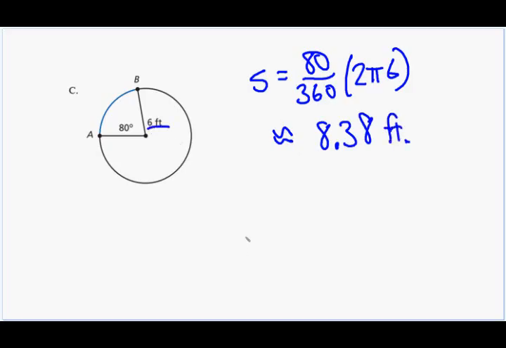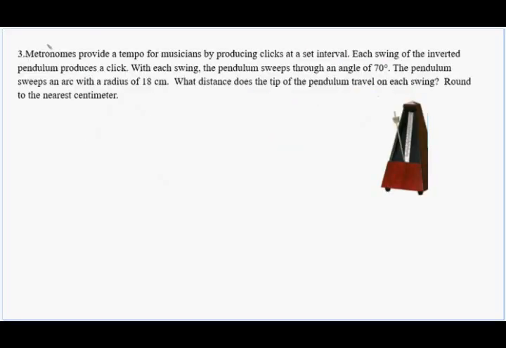There we go. Okay, now number 3, we have a metronome. Provide tempo for musicians by producing clicks at a set interval. Each swing of the inverted pendulum produces a click. Each swing, it goes out a 70-degree arc. So we're not looking at a full circle here, but we've got our slice, and we know our central angle is 70 degrees. So the arc length of this edge would also be 70 degrees.